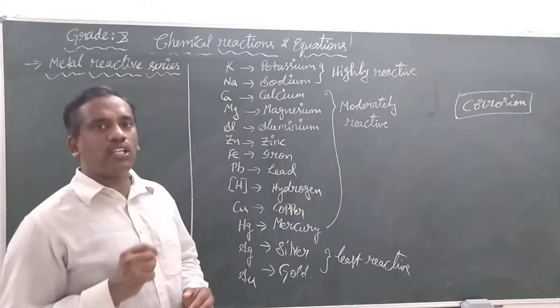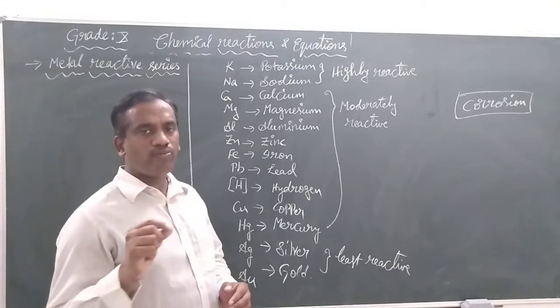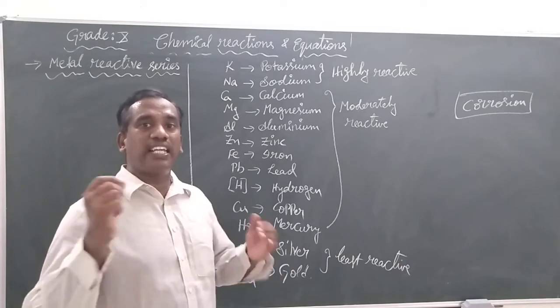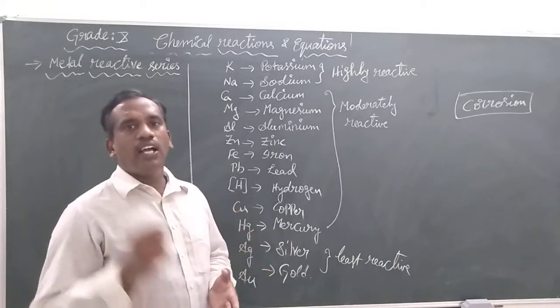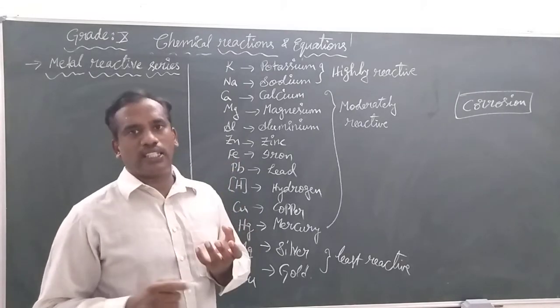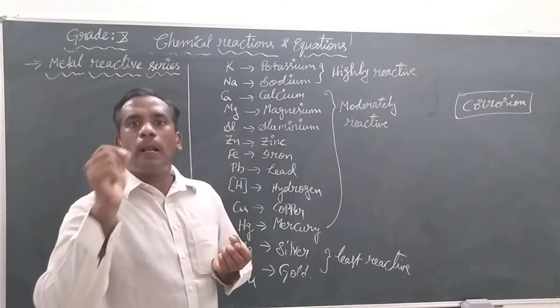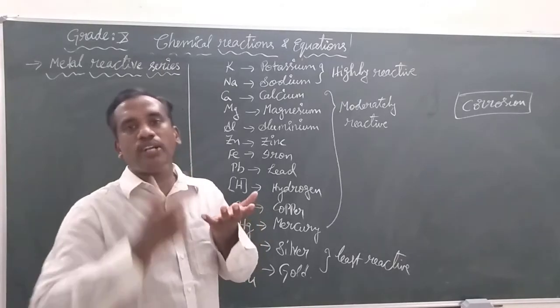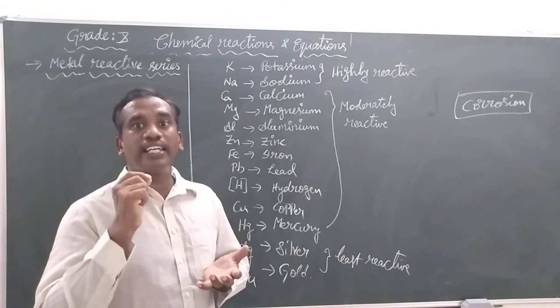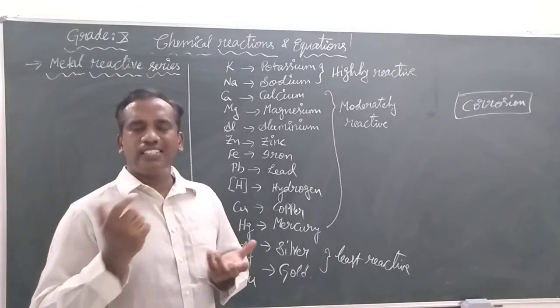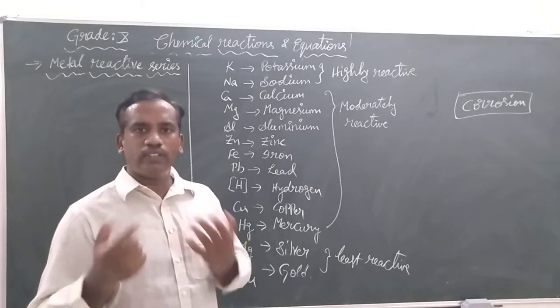If you come across the point, then what is the metal that is highly reactive with atmospheric gases or even with water? You take a small cup of water. In that you place a small piece of potassium or sodium. Immediately they will catch fire. Generally water is used to blow out the fire.